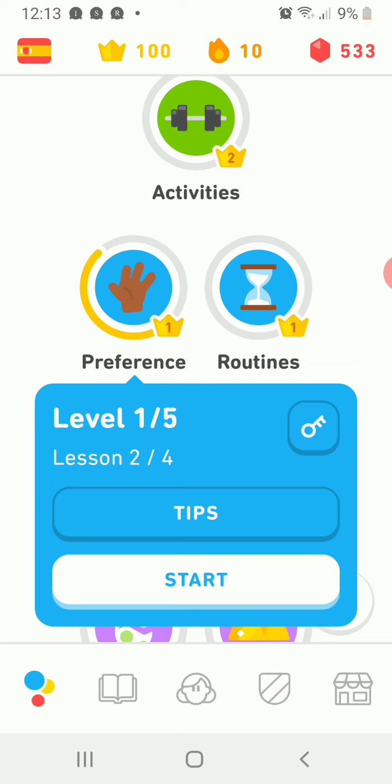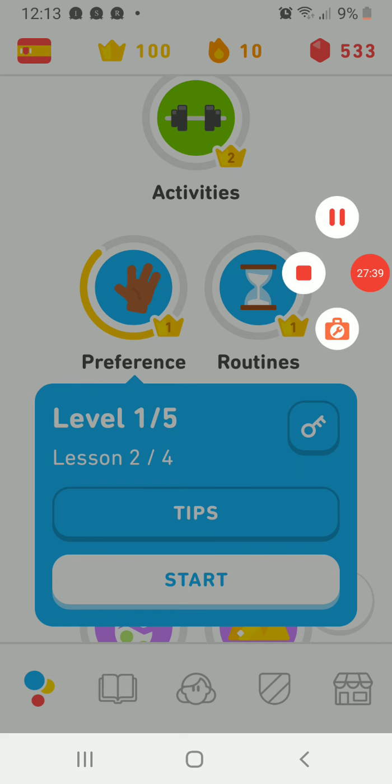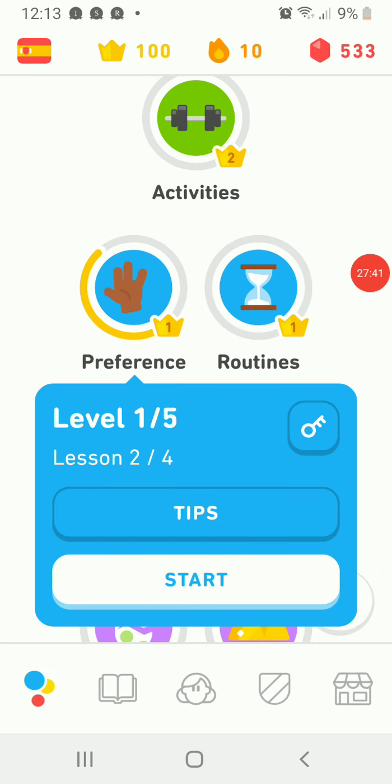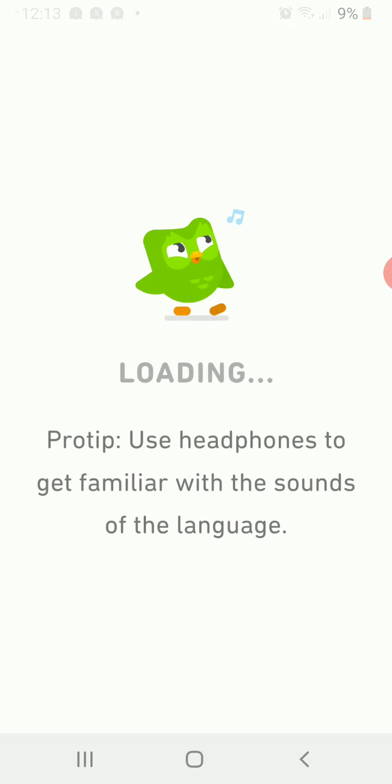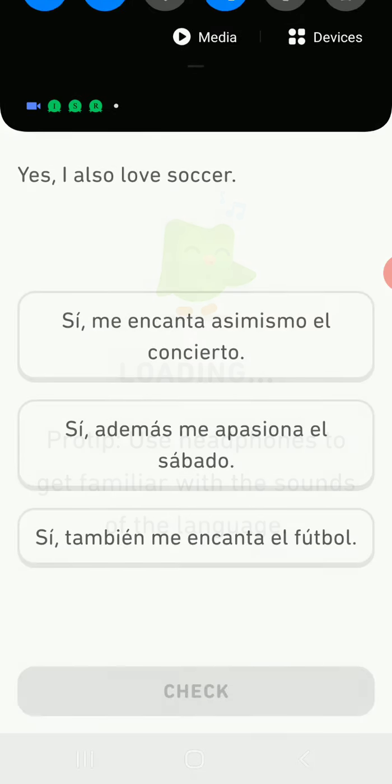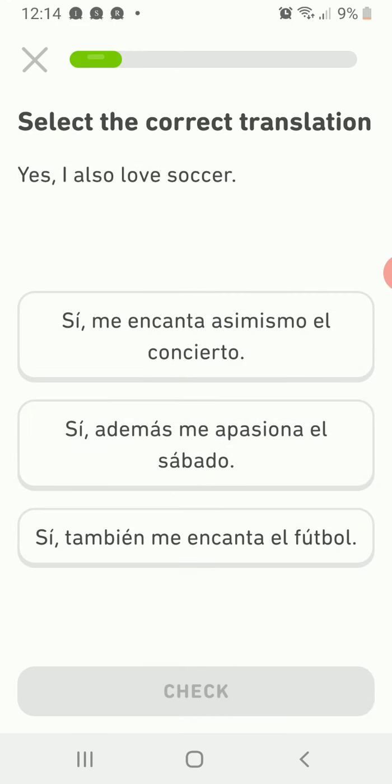And so I need to do 2 more exercises, but I just got 3 minutes left roughly. So I think this lesson is going to be a little bit longer than I planned. Let me look at the time. And yes, I also love soccer.